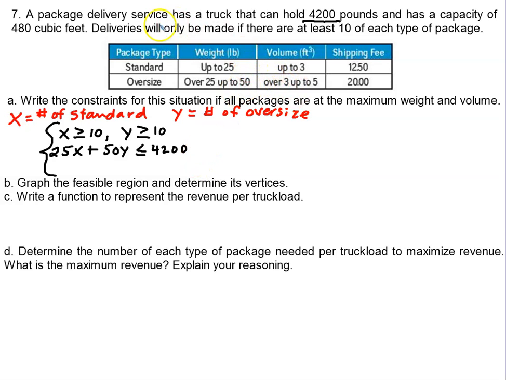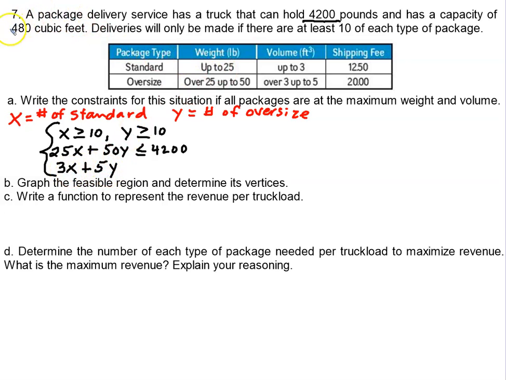Okay, and then let's do another constraint in terms of volume, because it's kind of a clue. They give you the total cubic feet, that's a reference to volume. And then we're given the volume maximums for each package type. So kind of like we did here, up to 3 cubic feet for each standard, or 5 cubic feet for the oversize.